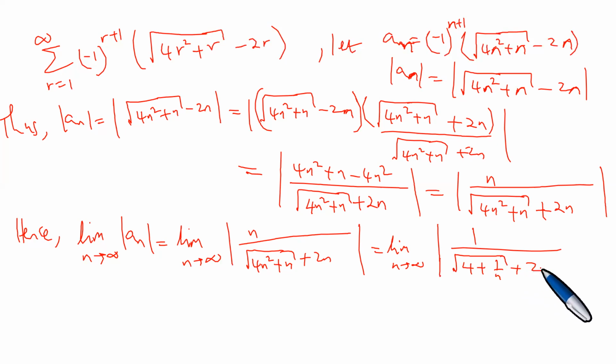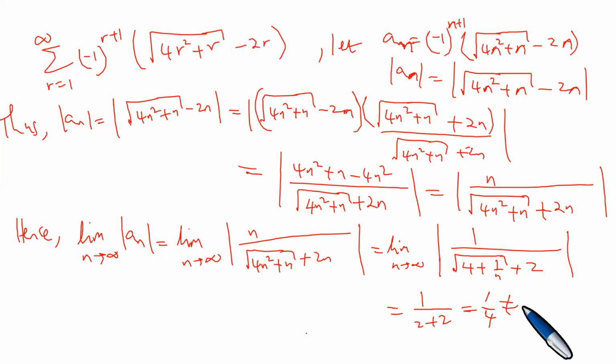This one, you factor out n and you cancel the n's. I just jumped a trivial step there, but there's going to be an n that we factor out from this. This is going to be 4 plus that, and this is that. So as n approaches infinity, this part approaches 0, the square root of 4 is 2, plus 2 gives 1/4, and 1/4 is not 0, so we have divergence by the vanishing condition.